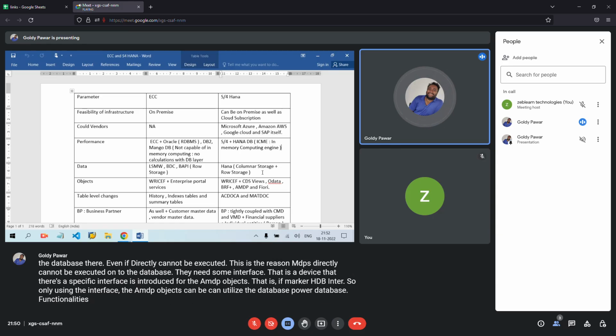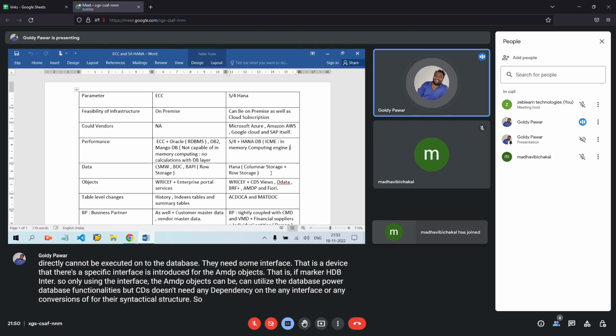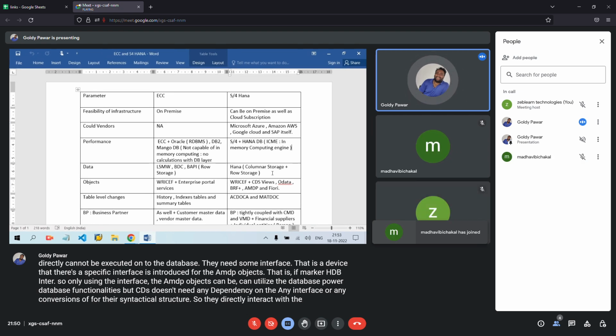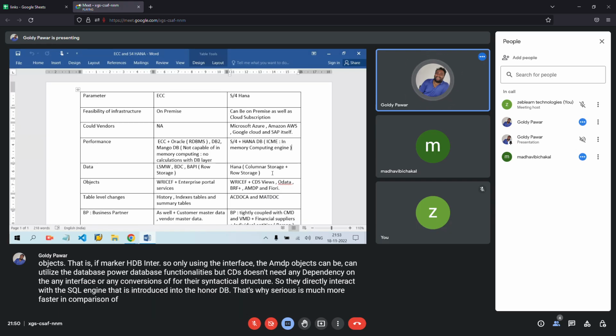But CDS doesn't depend on any interface or any conversion of its syntactical structure. So it directly interacts with the SQL engine introduced in the HANA DB. That's why CDS is much faster in comparison to SQL statements and AMDP.